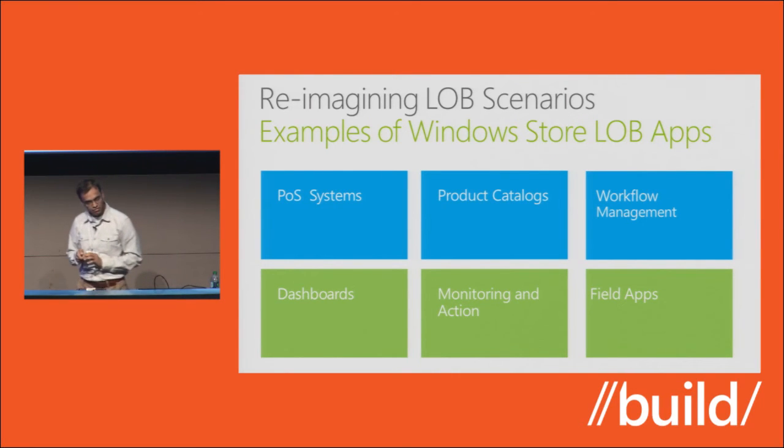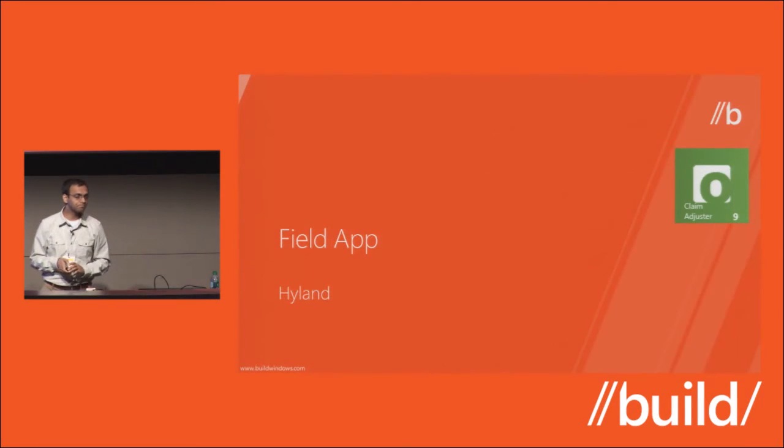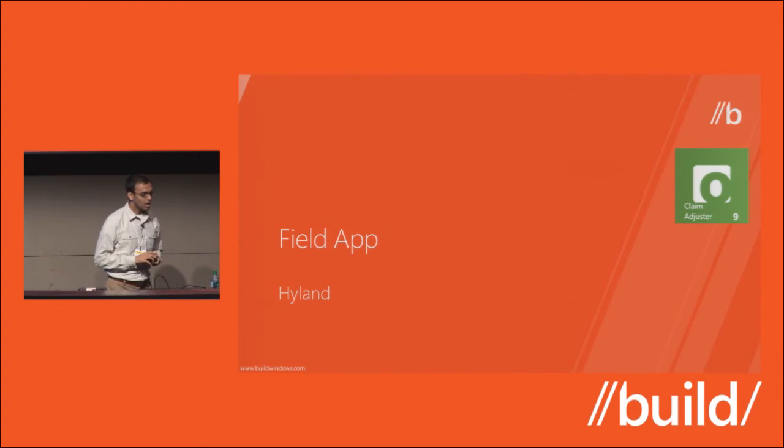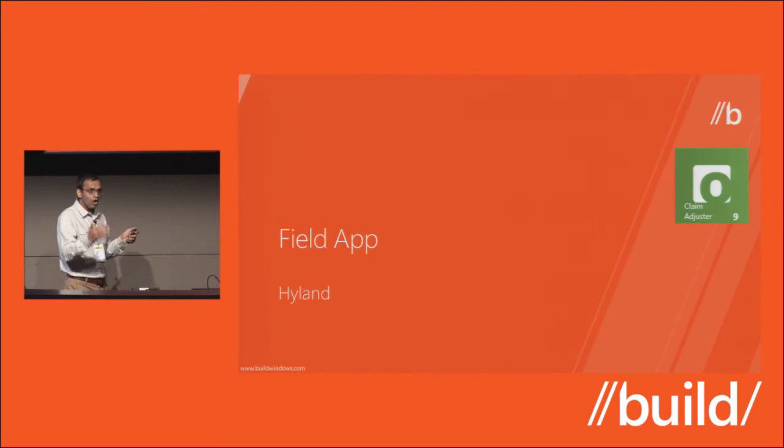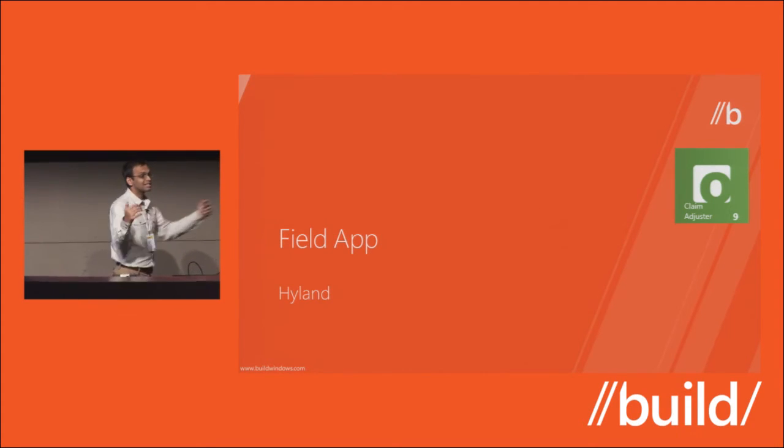Let's actually see one of the field apps in action. The one I'm going to show you today is from Highland Software. It's an enterprise content management ISV. The reason I chose this app is that it's a field app, but a lot of the examples you have seen till date were all about consumption of data.